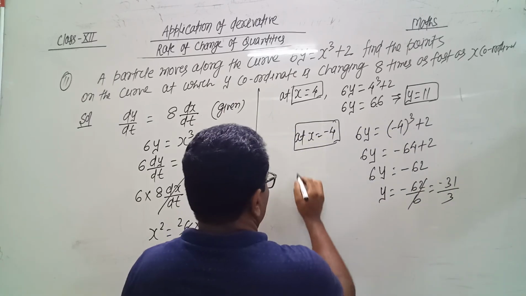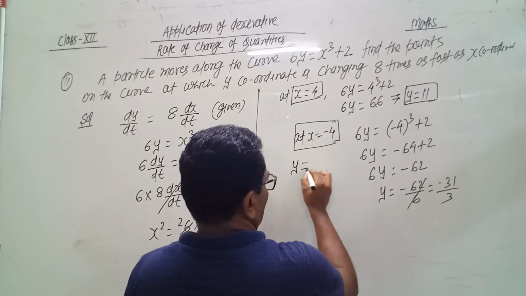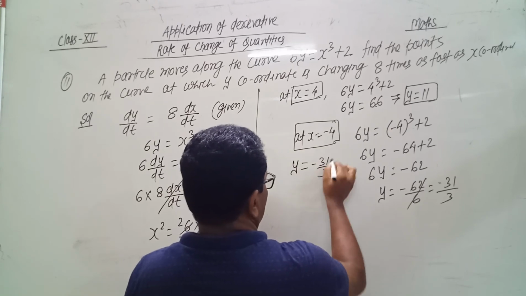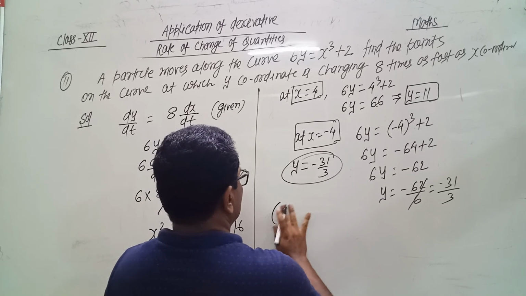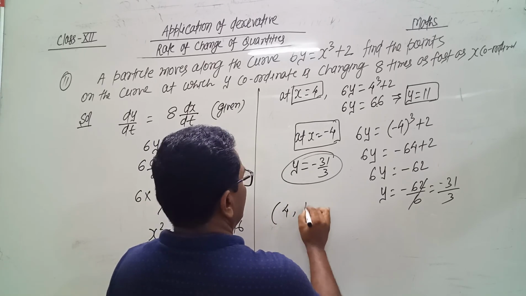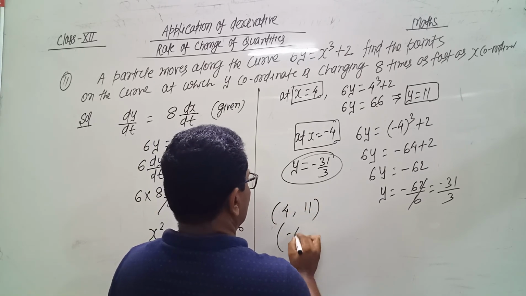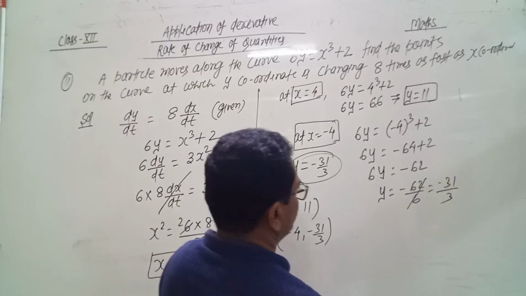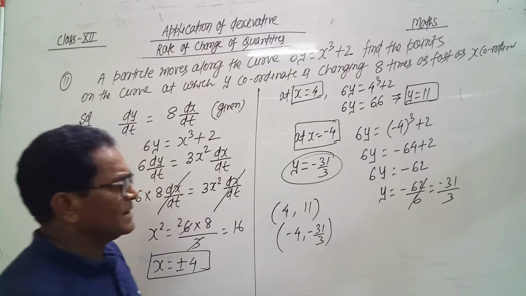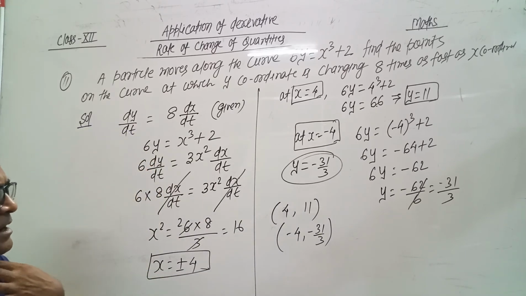So at x equals minus 4, y equals minus 31 by 3. So these are the two points: (4, 11) and (minus 4, minus 31 by 3).